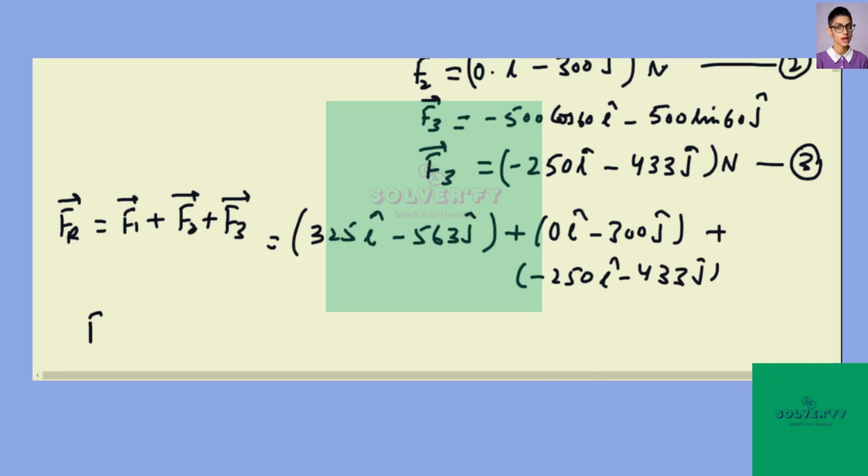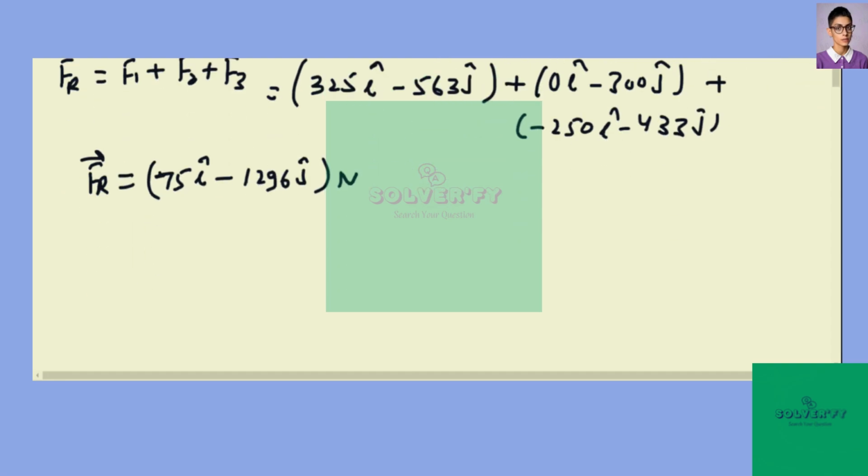So on solving, the resultant force on the beam will be plus 75 i cap minus 1296 j cap Newton. You can see the diagram.